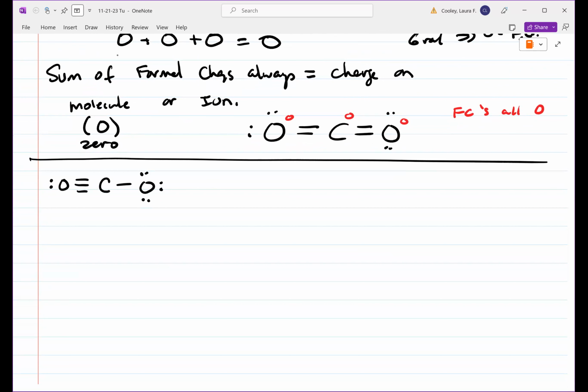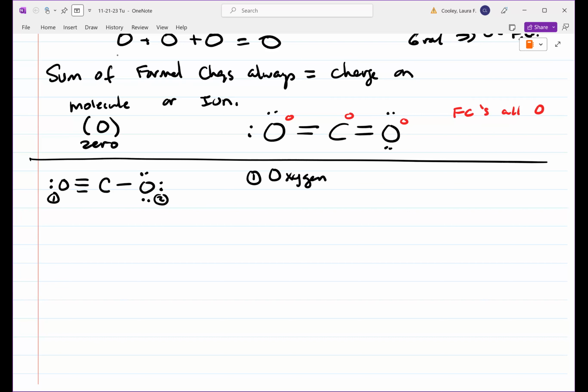This will be oxygen 1, and this will be oxygen 2, because now these oxygens are not the same, right? One of them has a triple bond and a lone pair. The other one has a single bond and 3 lone pairs. So they're different.